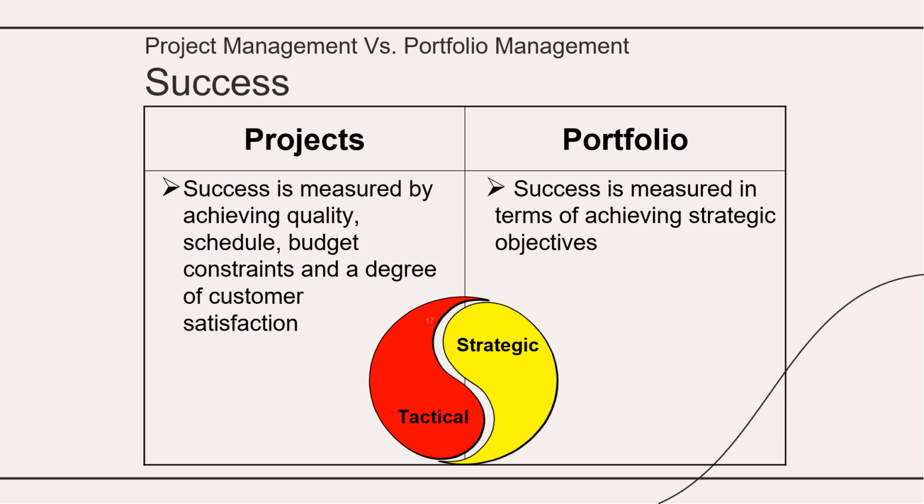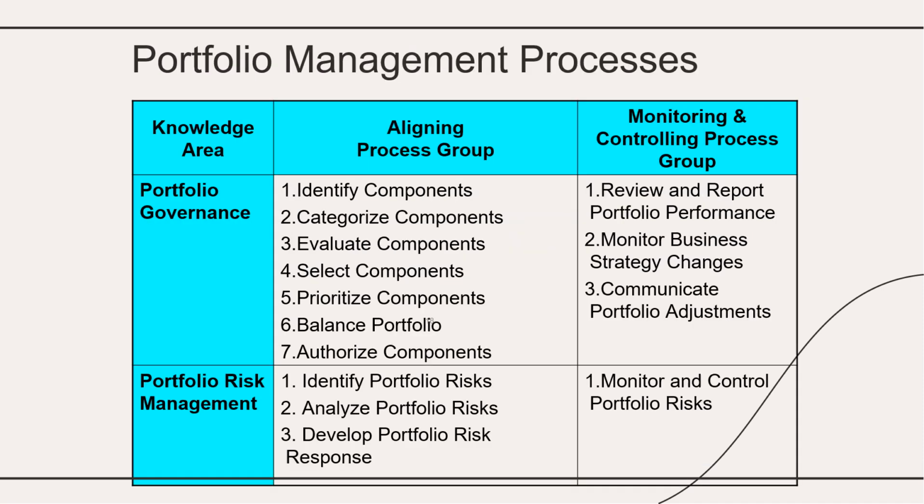What about success? Project success is measured by achieving quality, achieving schedule, achieving within budget constraints, and a degree of customer satisfaction. But success in portfolio is measured in terms of achieving strategic objectives. So, portfolio management processes, let me give you the knowledge areas.